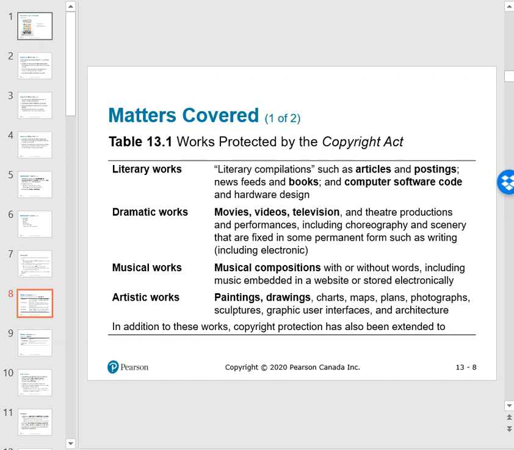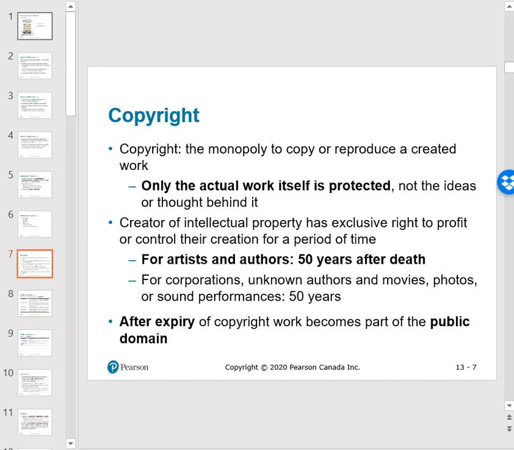You don't need to memorize this, but you need to have an idea of what copyright protects. So keep some examples in your mind. And what is copyright? Well, it is the work itself that will be protected.